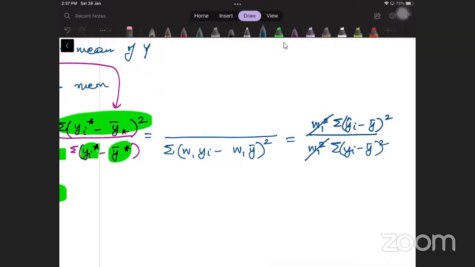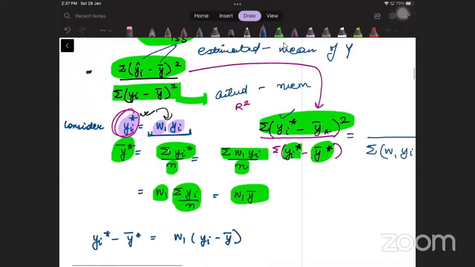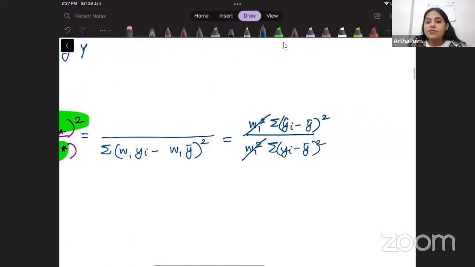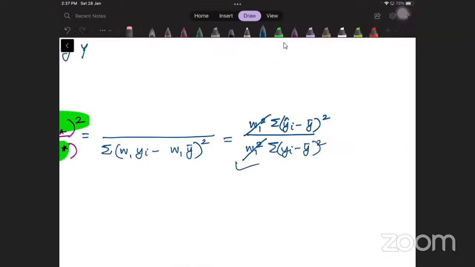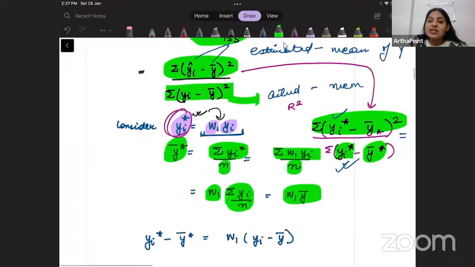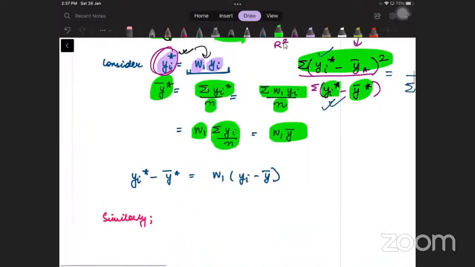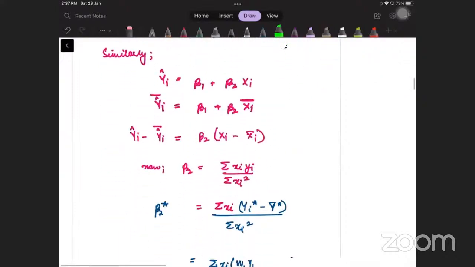So although I scaled the numerator and denominator, I will share this PDF of the answers with you also, you will notice that my R square did not scale. My R square remained the same as its previous value, because the amount by which I scaled just got cancelled out. So basically R square is invariant of scale. It is not affected by scale.